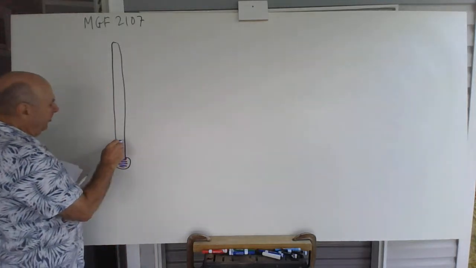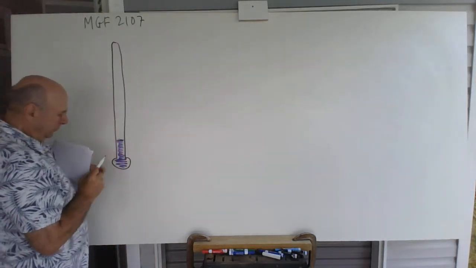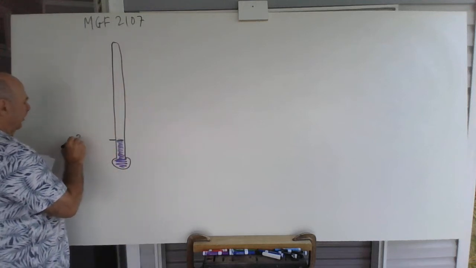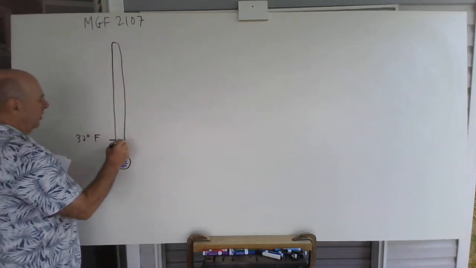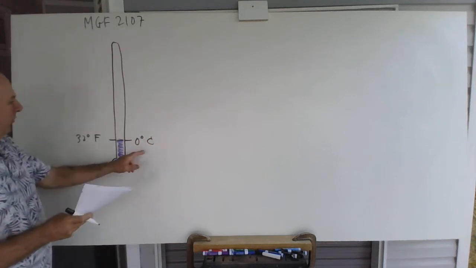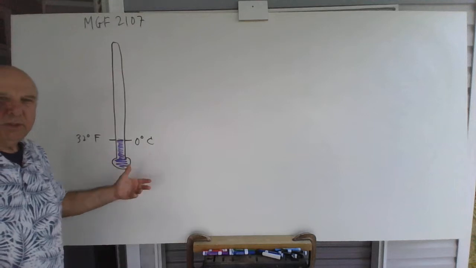When it's at freezing, on the Fahrenheit we call this 32 degrees Fahrenheit. Well, on the Celsius we call it 0 degrees Celsius. They're equivalent, just different scales.